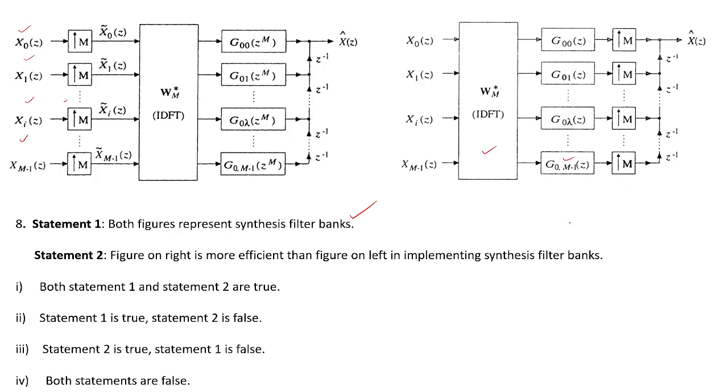After all these operations have been done, then you perform upsampling. Delay is not at all computationally expensive, just shifting of your sequence, so it doesn't matter at all. But the real computation is happening in IDFT processing or in passing through this filter, and you are doing the upsampling.